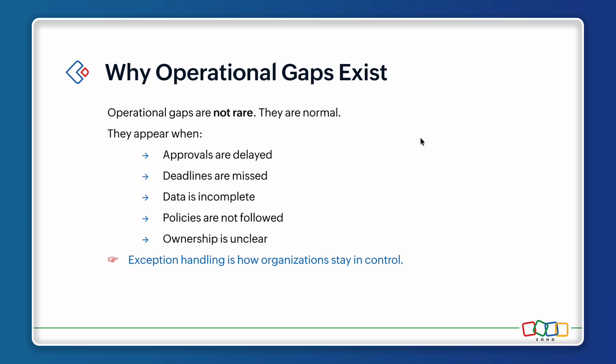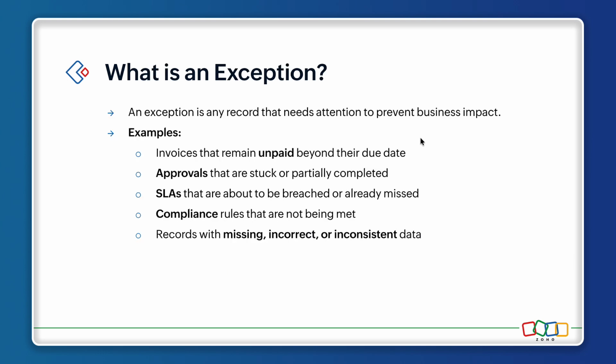Exception handling is the technique by which an organization stays in control and bridges operational gaps in a timely manner. Now, what is exception handling? First of all, what is an exception? An exception is any record that needs immediate attention to prevent business impact.